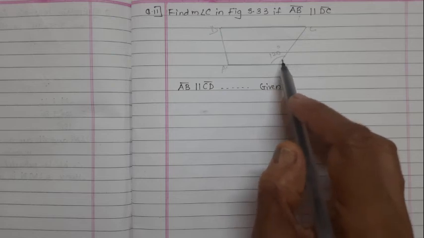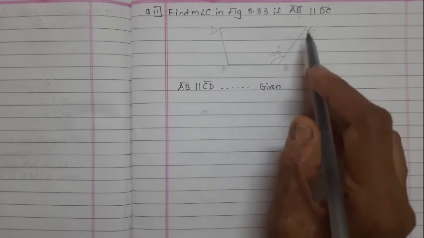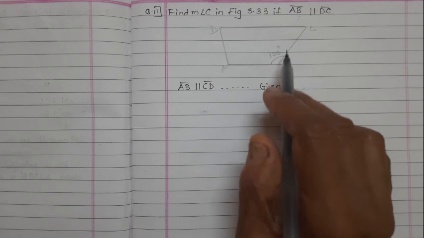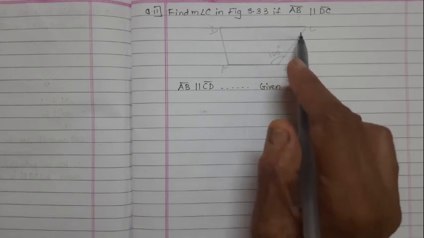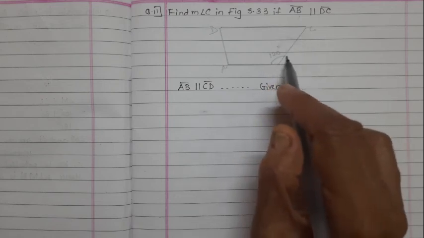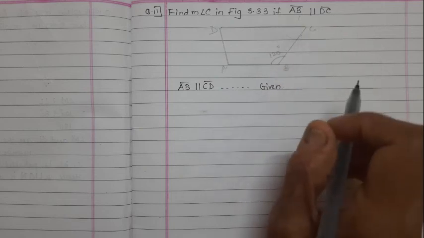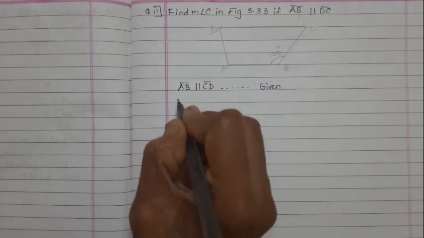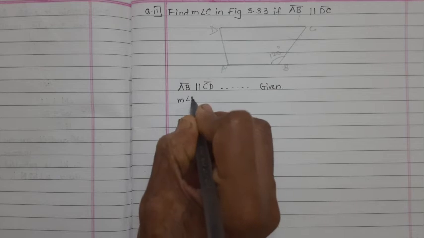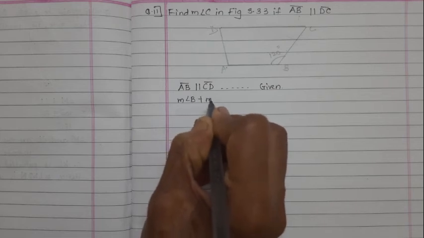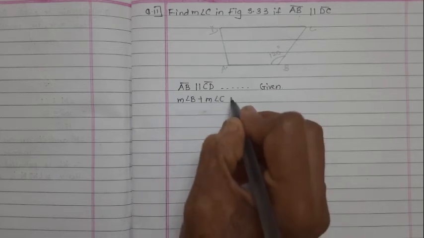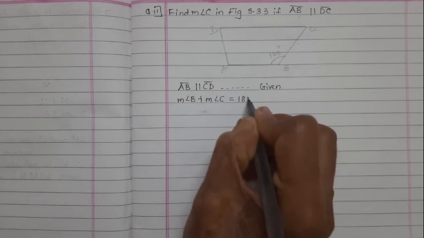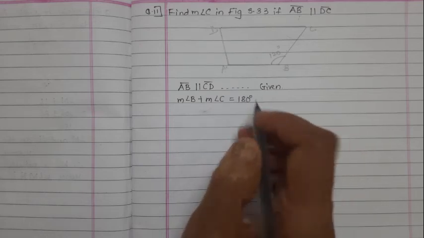Now this angle and these angles are adjacent angles, 120 degree and this one. This angle B and C are adjacent angles. So write here measure of angle B plus measure of angle C is equal to 180 degree.